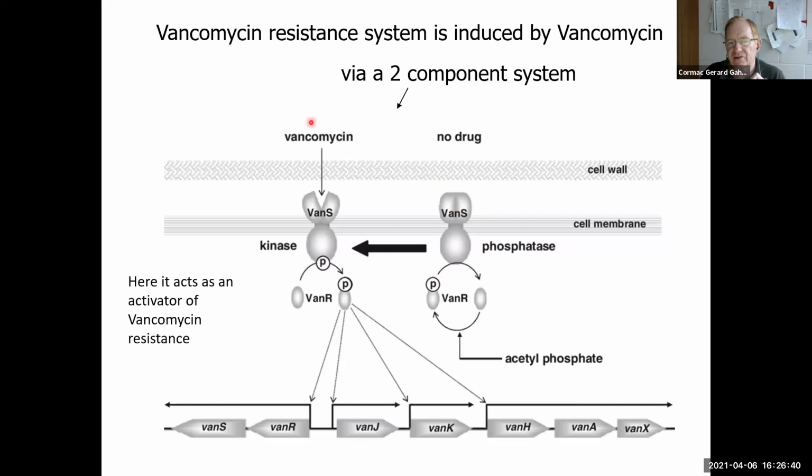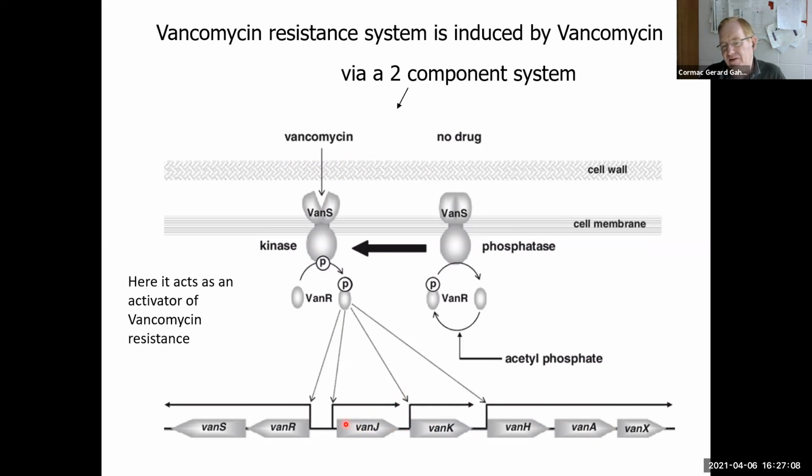And so you start to see, this is very clever from the cell. It only needs to express these genes when vancomycin is present, and it has a system which tells it to switch on these genes when vancomycin is present. When vancomycin is present, these genes are all switched on, and they make new cell wall components, which make the cell resistant to vancomycin.